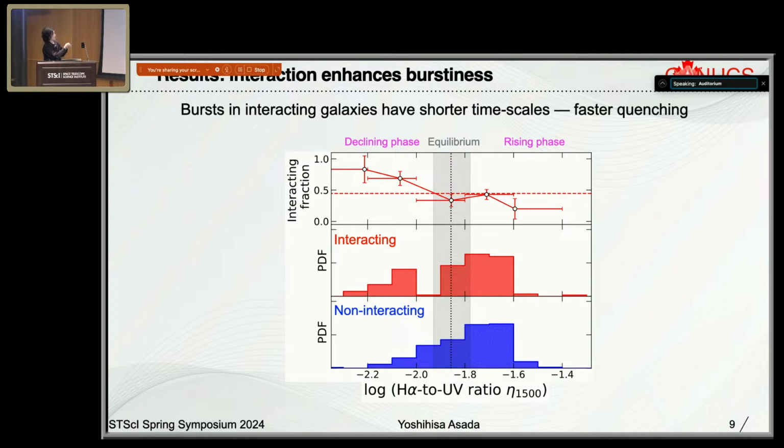Recalling that a low H alpha to UV ratio should correspond to the declining phase or fast quenching phase, and the higher value of this ratio corresponds to the fast rising phase, the presence of this low ratio population in the interacting galaxies should suggest that the galaxy-galaxy interaction enables the galaxy to experience a faster quenching, following the faster rising of the star formation rate.